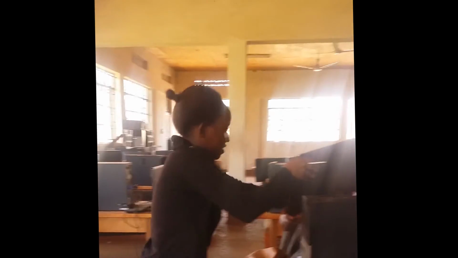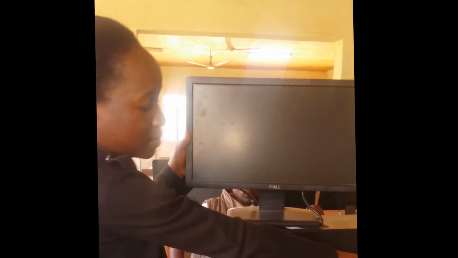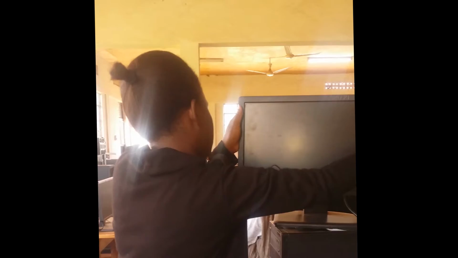As you can see, this is not an input device, but I was trying to show you that whenever you press keys on the keyboard, the information is displayed here on the monitor.